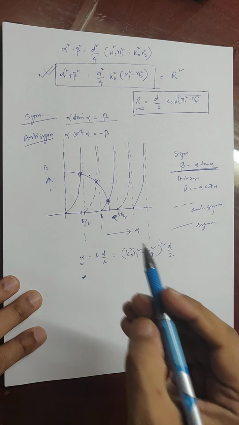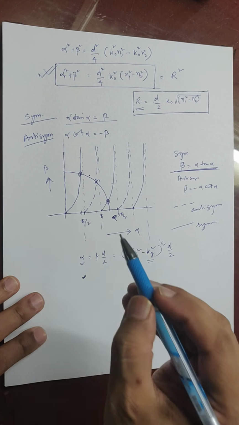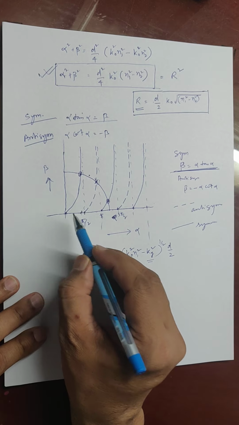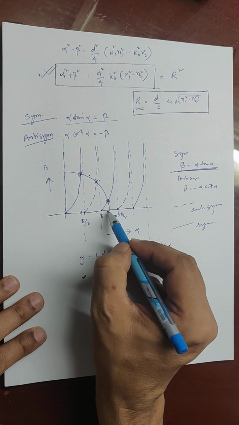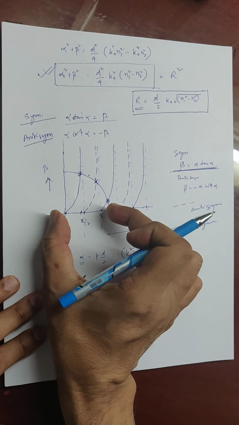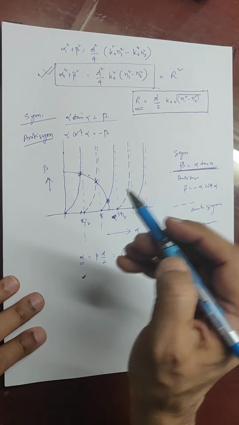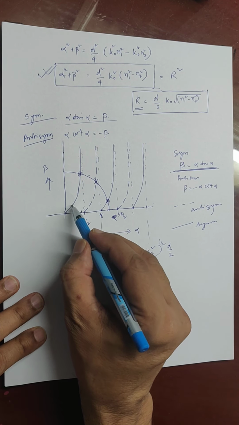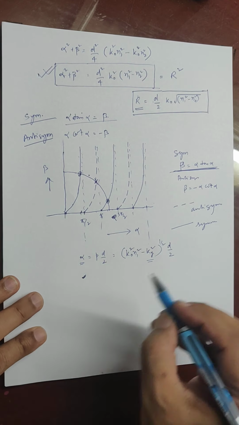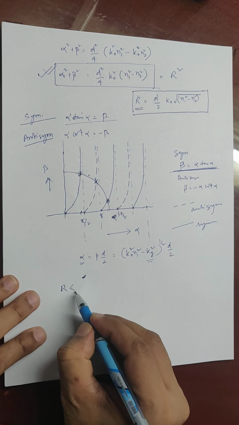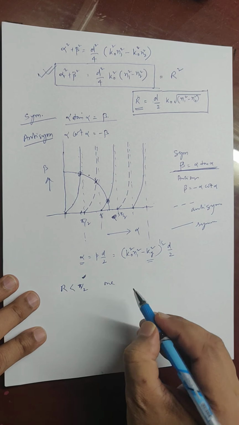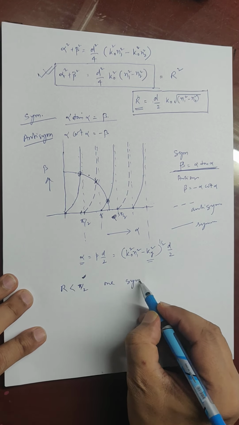Now you can see that if r happens to be less than pi by 2, this r is actually this much, it would only cut this line and no other lines. So if r is less than pi by 2, one symmetric solution.